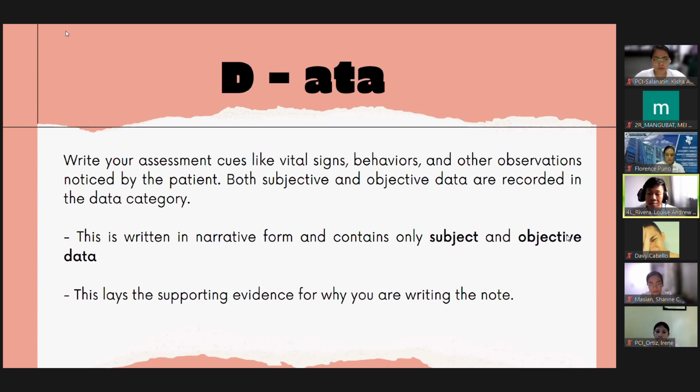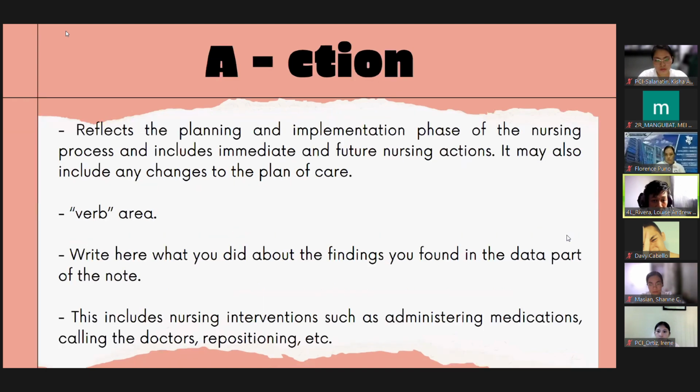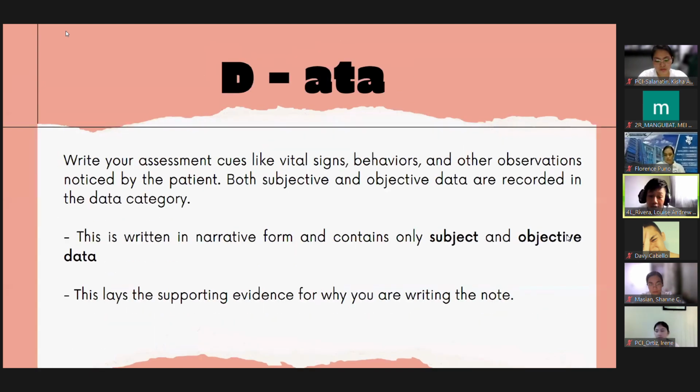There we can see that the airway clearance of the patient is indeed ineffective, because the respiratory rate went up. Or if there is sputum, we can put the color of the sputum, how much, and how viscous it is. That is where we put our subjective and objective cues. When we write the data, it is not in bullets; it is still in narrative form. Just narrate what I said and put that in the data.